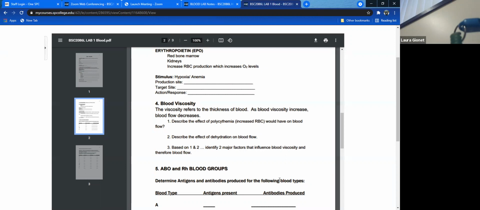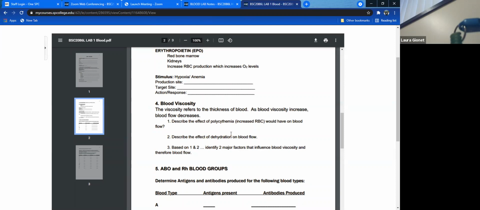So if you increase the number of red blood cells, is it going to increase blood flow or decrease blood flow? It's going to decrease it, right? Because we looked at that in one of the PowerPoints. That's one reason why I have those PowerPoints, because I often address a lot of these specific questions. All right, so if we increase the number of red blood cells in polycythemia, we decrease blood flow because the viscosity of the blood increased.